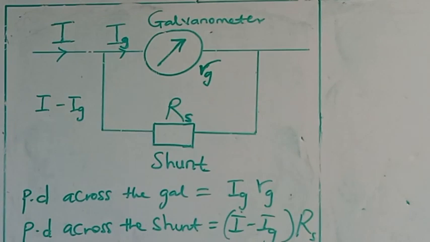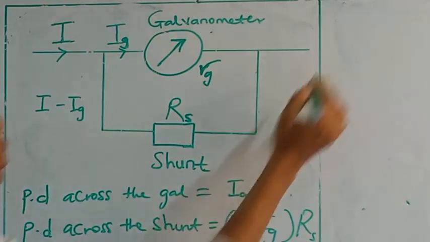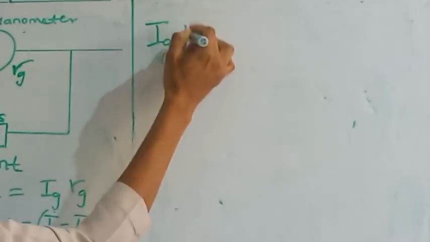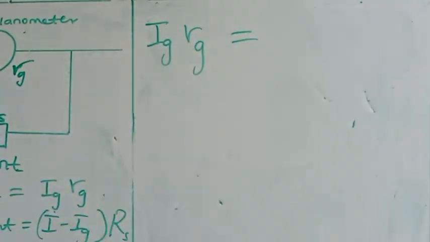So the next thing we are going to do is, because they are connected in parallel, they have the same potential difference V. Therefore, the potential difference across the galvanometer, IG RG, will be equal to the potential difference across the shunt.